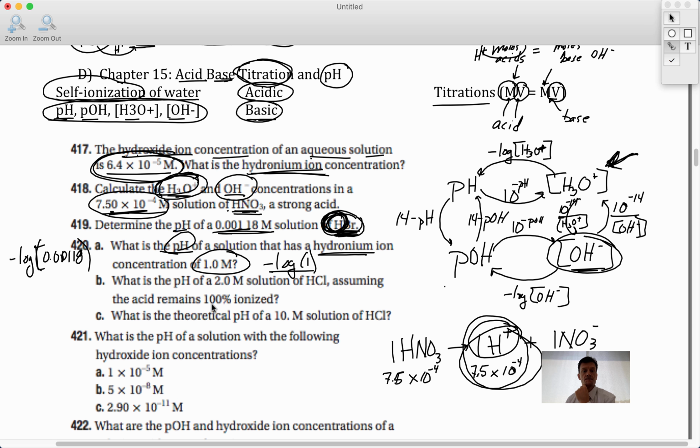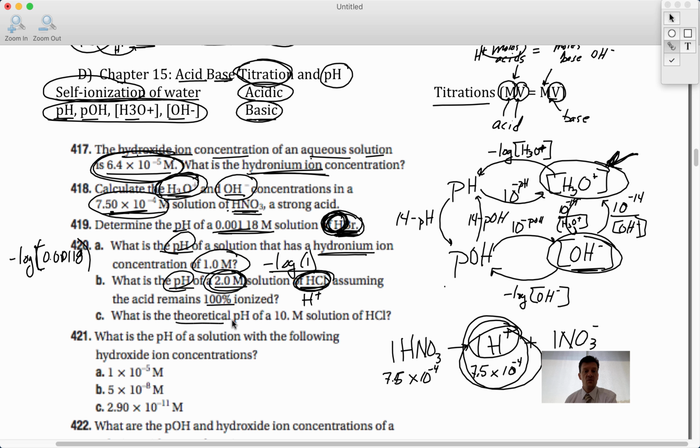All right? What is the pH of a 2 molar solution of HCl, assuming the acid remains 100% ionized? So strong acid, that's going to completely ionize. The solution of the acid is also going to be the solution of your H plus, or your hydronium ion right here. So to find the pH of that, you just take the negative log of 2.